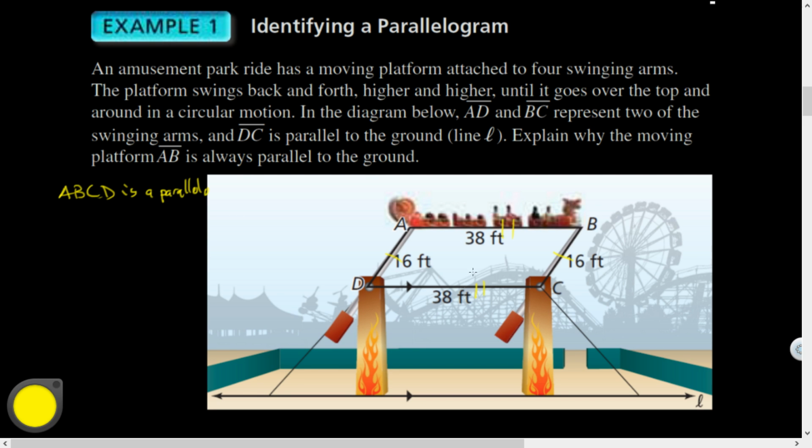Why is it a parallelogram? Because parallelogram opposite sides congruence converse. Right? And if this is a parallelogram, then I know that this is parallel to DC by def of parallelogram.